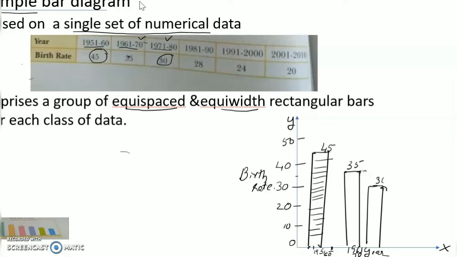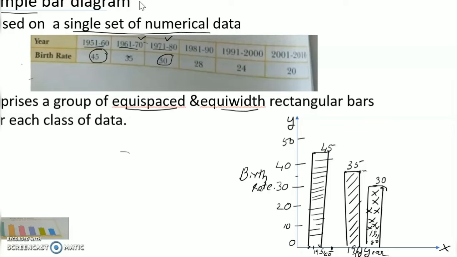Okay, now this is 30, and here you have to write 1971. Here there is no space, that is why I am writing here. Draw. And for the design, you can give this another pattern, and a different pattern here. Normally we give different colors for different rectangular bars.